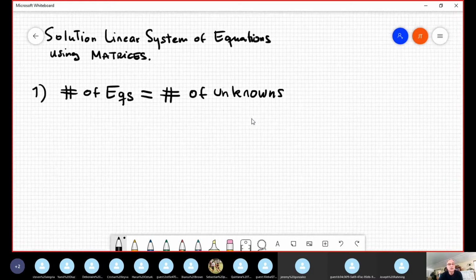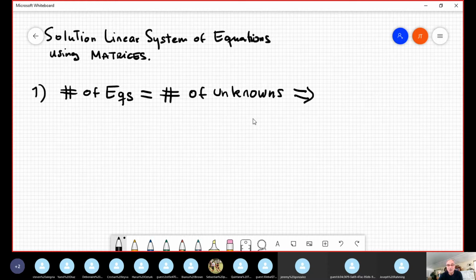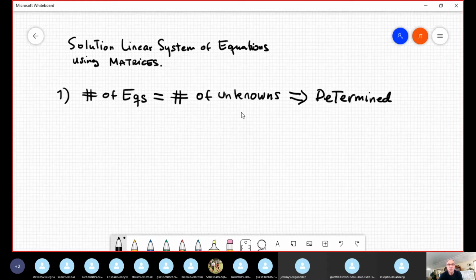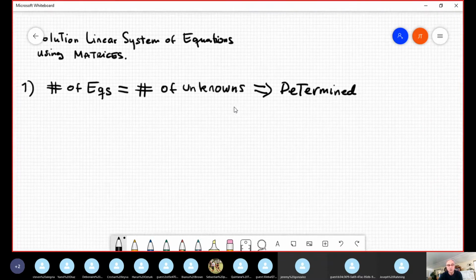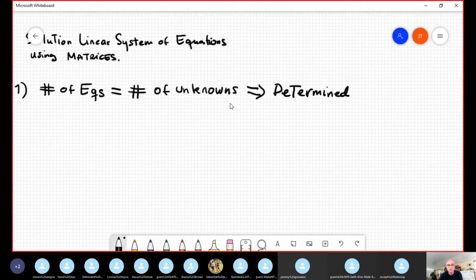In this case, the name of this system is determinant, because we have exactly the same amount of equations and unknowns. For example, 3 equations, 3 unknowns; 2 equations, 2 unknowns; 25 equations, 25 unknowns.